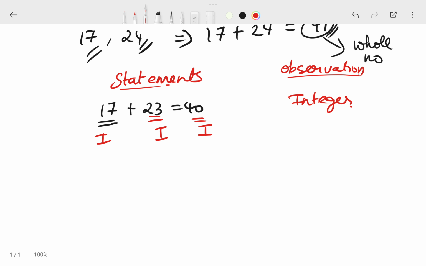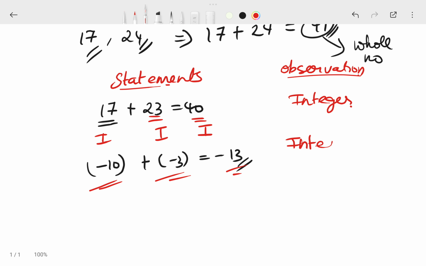Now we'll take another two numbers: -10 plus -3. The answer is -13. Here, this is an integer, this is an integer, and this is an integer. So the observation is that the answer is also an integer.